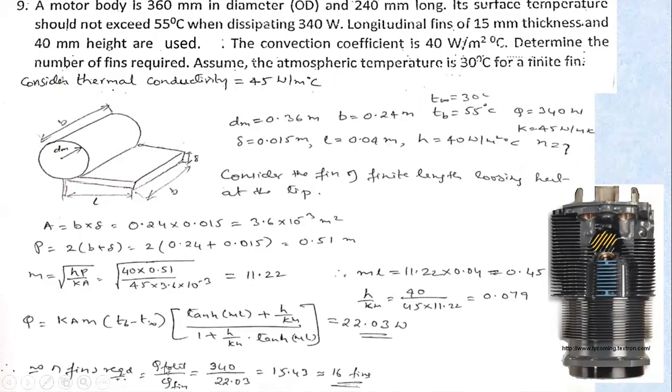The number of fins required is Q total divided by Q per fin. Q total is 340, divided by 22 per fin. So we get somewhere around 16 fins. So at least a minimum of 16 fins are to be used in order to dissipate 340 watts.